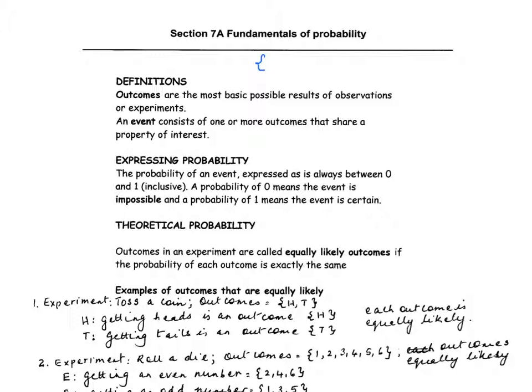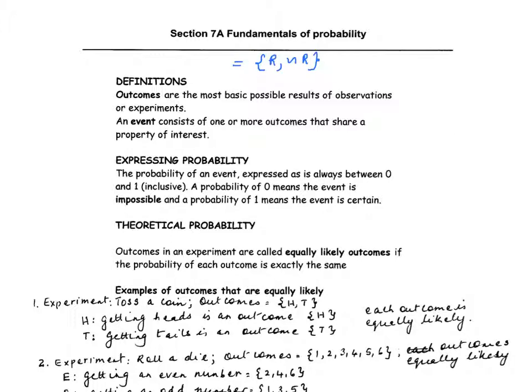So if I'm watching the weather, I might want to know if it's going to rain, that's one outcome, or not rain. So these are the two basic possibilities which are called outcomes of this particular experiment of watching the weather.